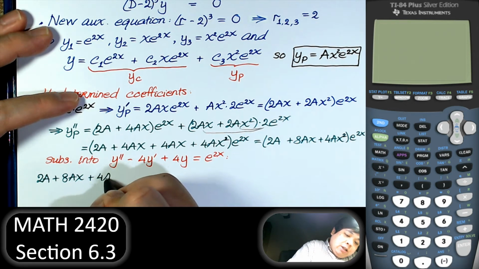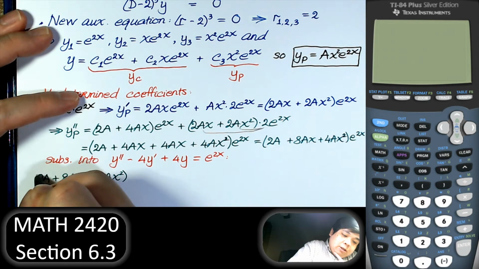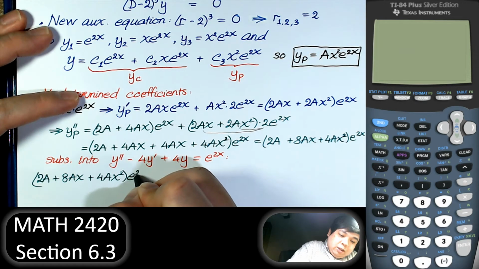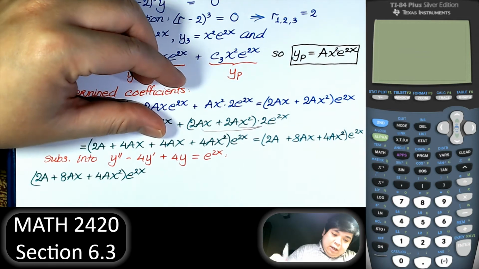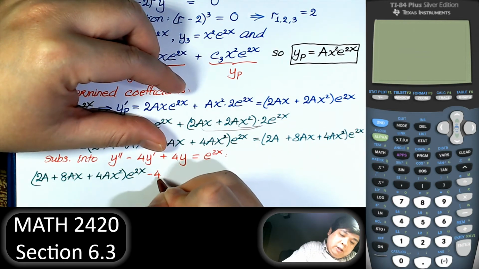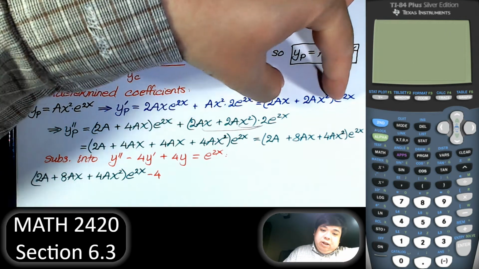Then minus 4 times the derivative will be this.